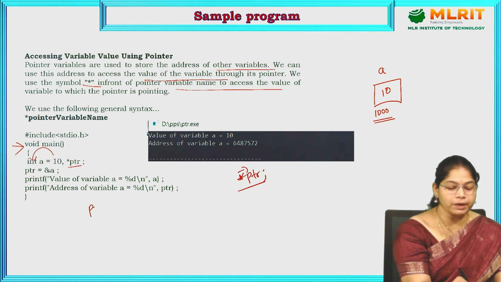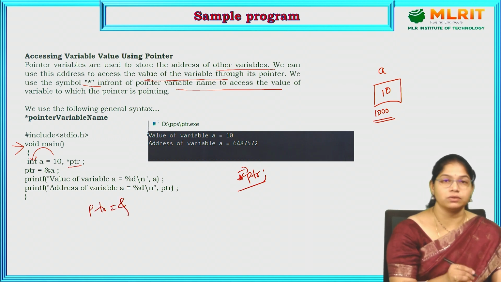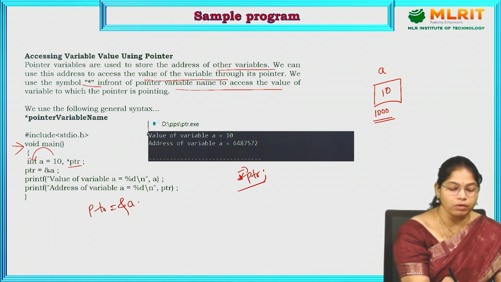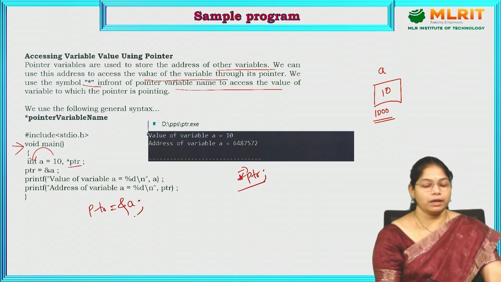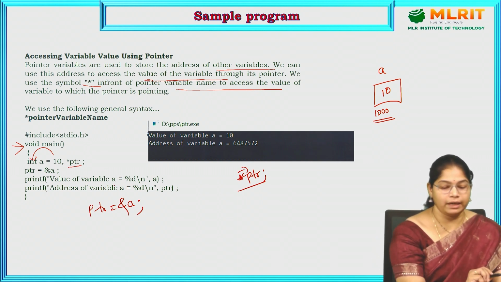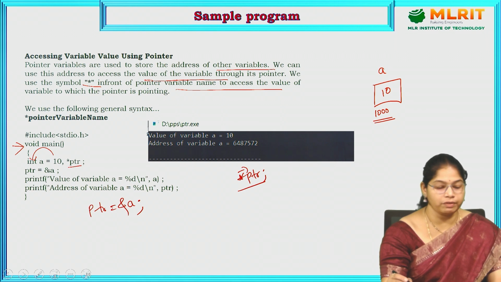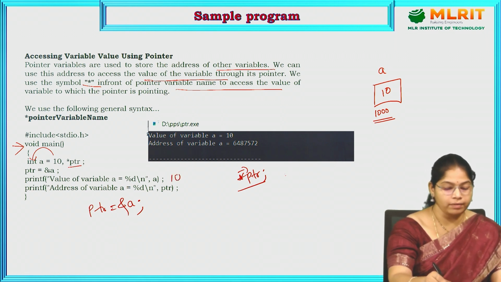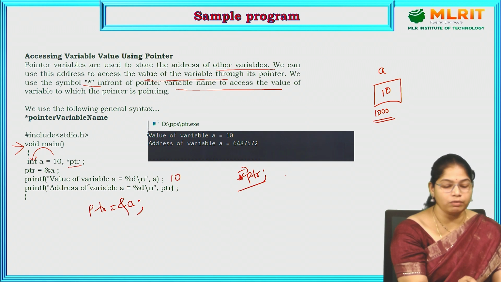The purpose of a pointer variable is that it stores the address of another variable whose data type is integer, or of the same type. The value of variable A is 10. printf value of variable A is equal to %d.